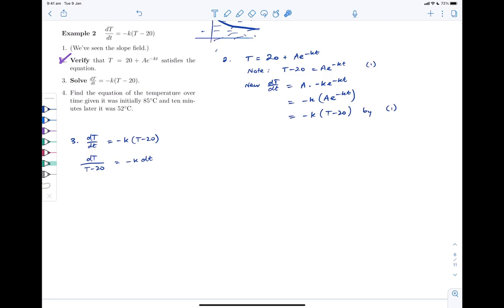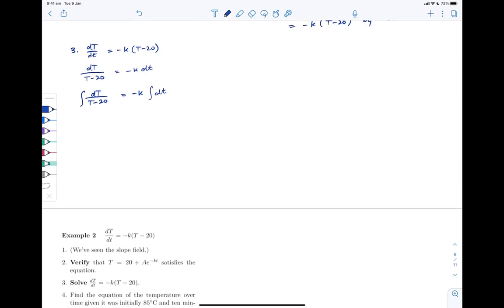I want my dependent variable that I'm solving for to be uncluttered. Okay, and so we can bring in the integrals. This is log of absolute value T minus 20. The absolute value is kind of important.